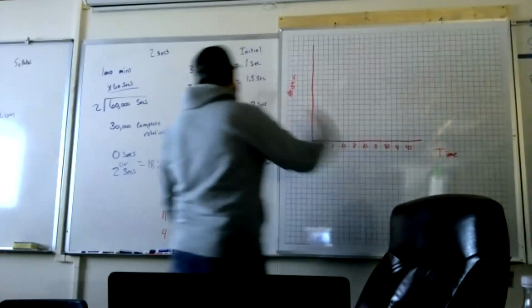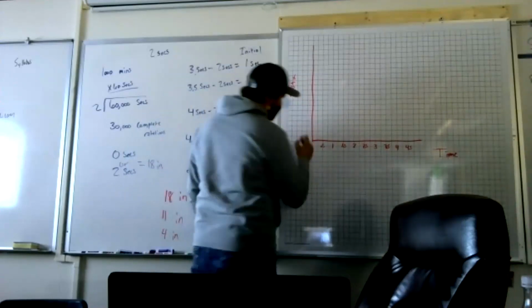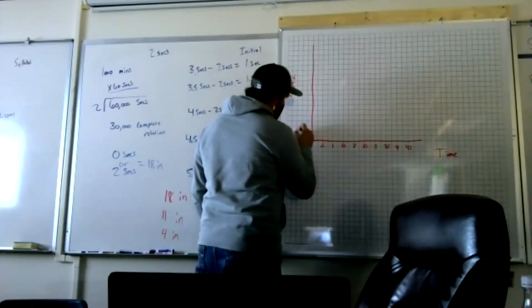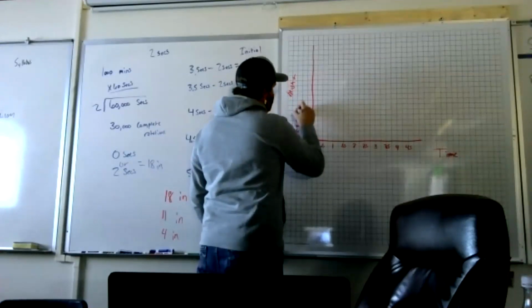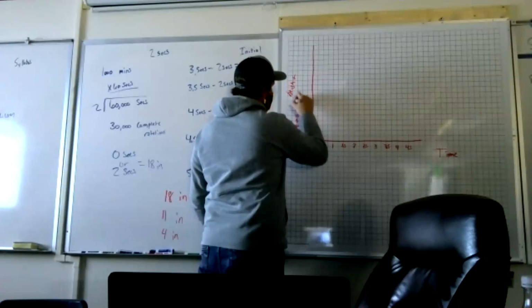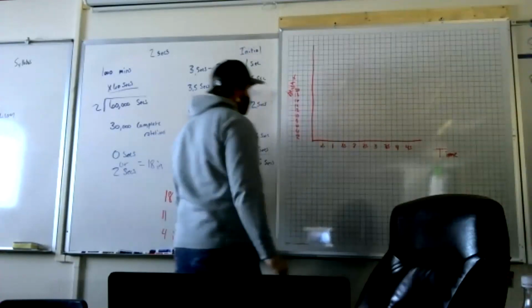For my height, I'm going to make it a little bit easier on myself and count by 2 on each one of these: 2, 4, 6, 8, 10, 12, 14, 16, 18, 20.